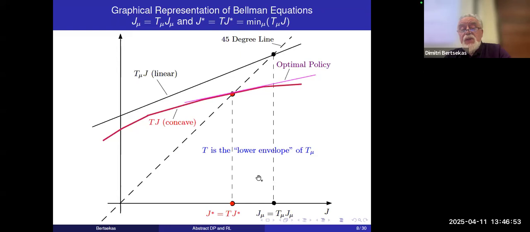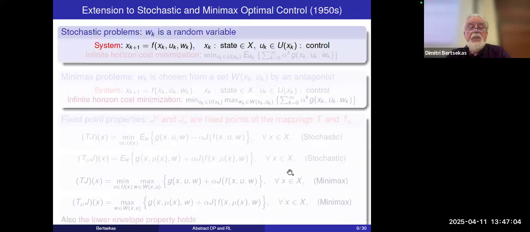If you develop things, you can develop them in a general way, in a way that applies to many, many different problems. And in fact, that's the point that I want to make in the next slide, that there are other problems that involve stochastic structure, or minimax game structure. For stochastic problems, the system equation involves randomness, a random variable wk in addition to state and control.